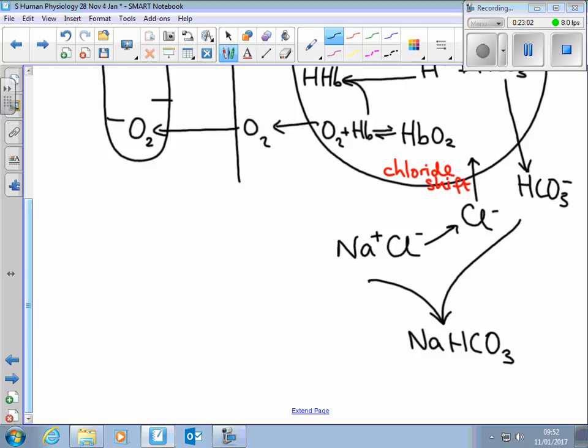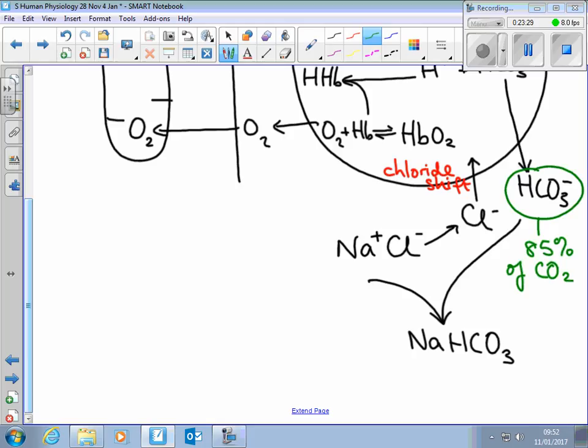Okay, so you get sodium hydrogen carbonate is the sort of balanced version of it. So most of the carbon dioxide, this is our 85%, all right, here. All right, so this is 85% of the carbon dioxide that's produced by mitochondria in respiring cells, travels as hydrogen carbonate.